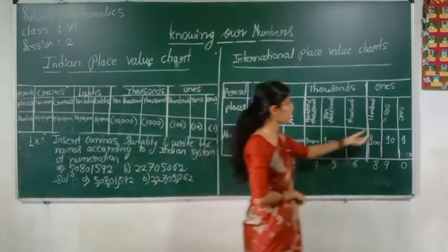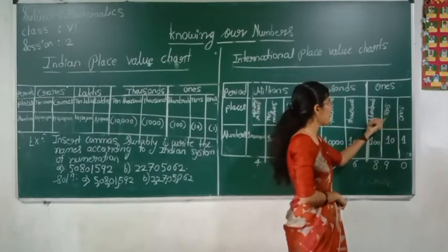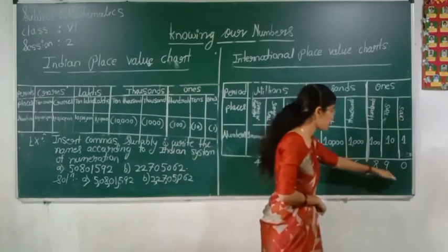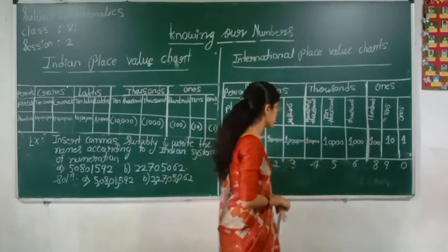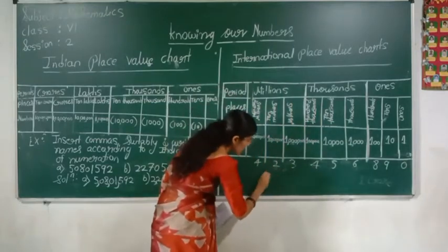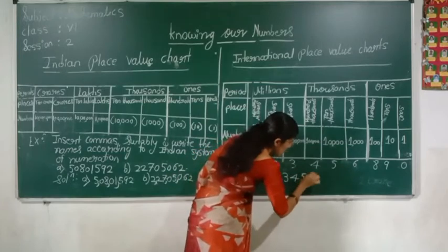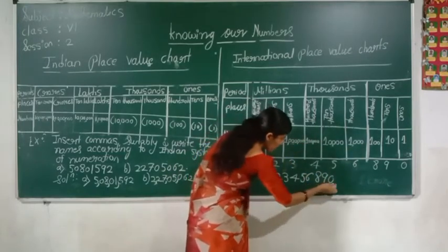But here in every period there are 3 place values. We are divided into 3 places. Yes or no? That's why we have to give commas from the right side after every 3 digits. Now how are we going to give commas here? See here, 4 2 3 4 5 6 8 9 0.